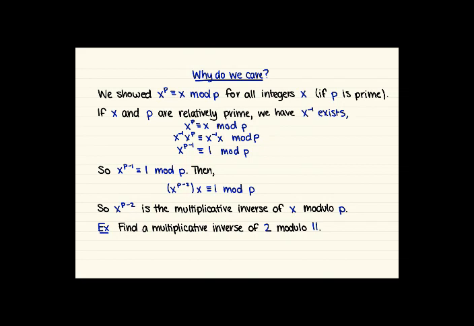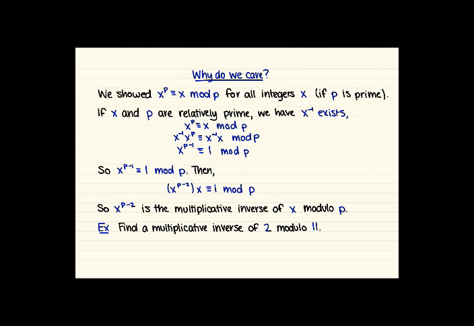So this means that x to the p minus 2 is the multiplicative inverse of x modulo p. So this can be a really handy way to find multiplicative inverses rather than just trying every integer relatively prime to our modulus to see if it works.